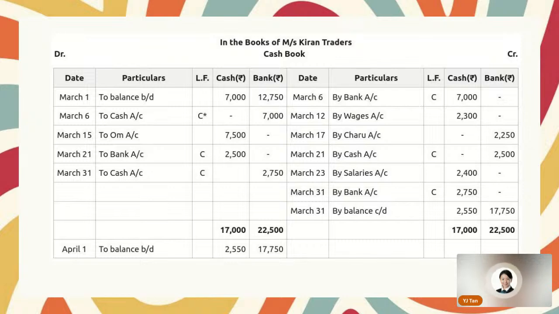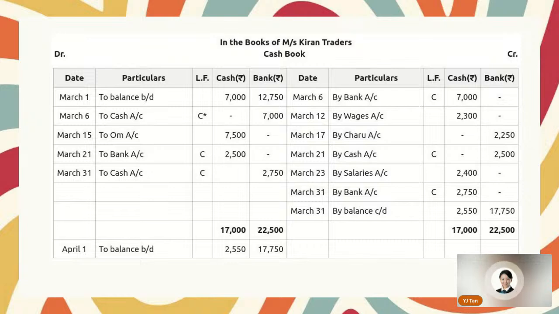And 21st of March, something happened. Cash increased 250 and bank decreased 250. So it means that Kiran Traders, this company, decided to withdraw money from the bank as cash. So cash increased at this point in time.